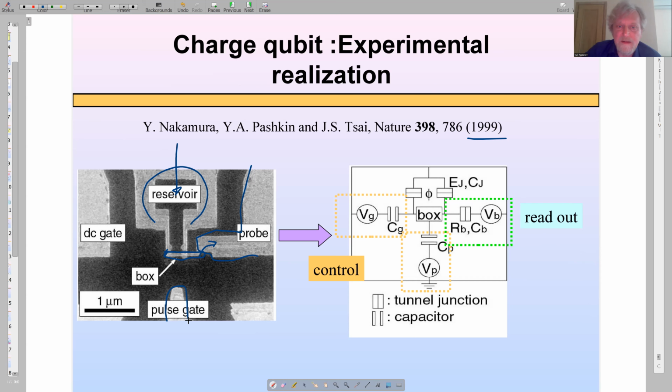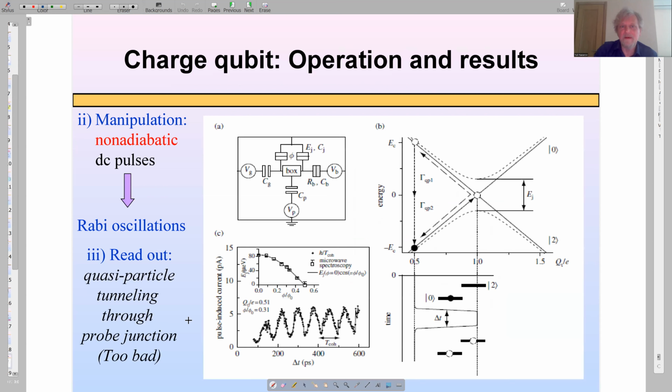All right, so that's the scheme. Let us see how it was manipulated. The best way to do this is to look at this plot. Right. This plot shows the energy levels near the crossing which we described.